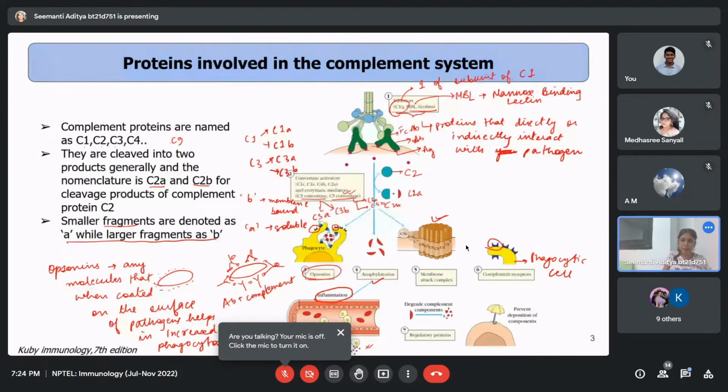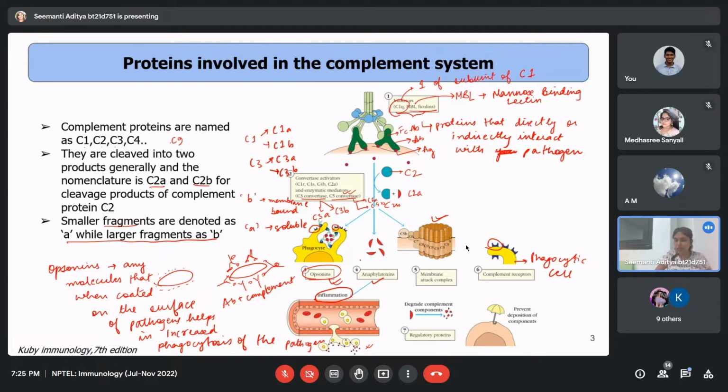The coating of opsonin on the surface of your pathogens is known as opsonization. So one function of complement protein is to act as an opsonin. It will coat the surface of an antigen and help the phagocytic cells take up this antigen.